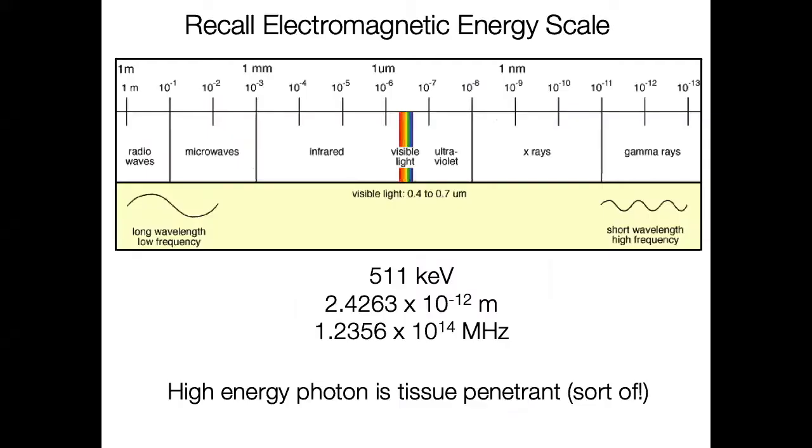And just to give you an idea about where in the electromagnetic spectrum we're lying with these kinds of energies, I've talked about the energies that we're looking at being at 511 keV. So that's all the way to the right of the spectrum here in the gamma ray region. Whereas if you're talking about MRI, we're talking about much, much lower energy, so all the way on the left here.